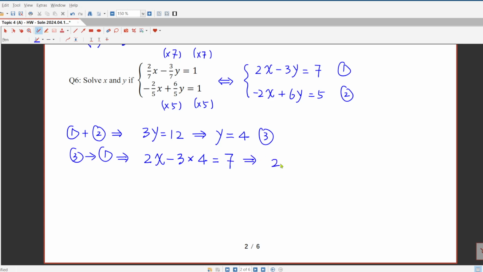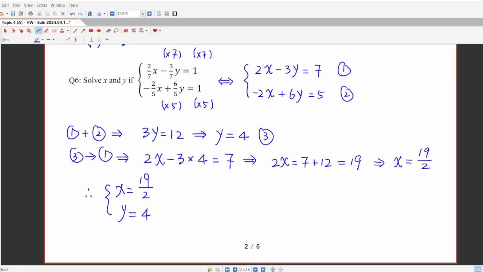And this gives us 2x equals 7 plus 12, which is 19. And of course, x should equal 19 over 2, right? Did you get it? Therefore, the solution is x equals 19 over 2, and of course y equals 4.